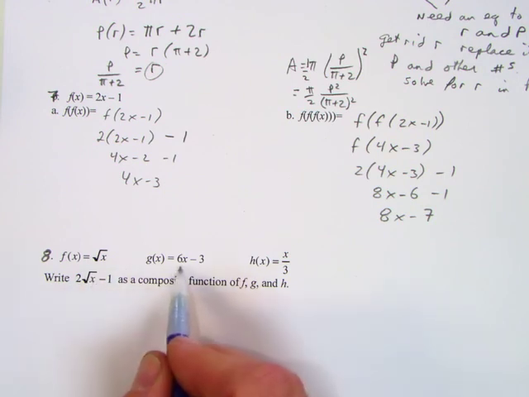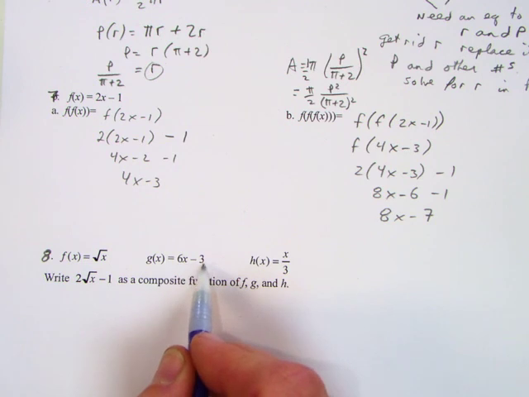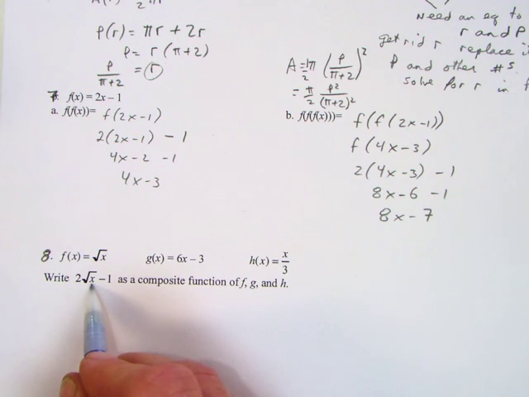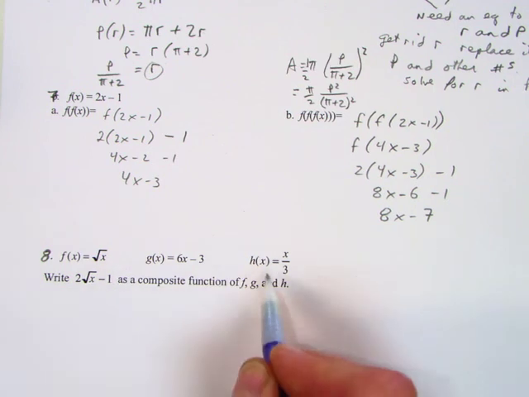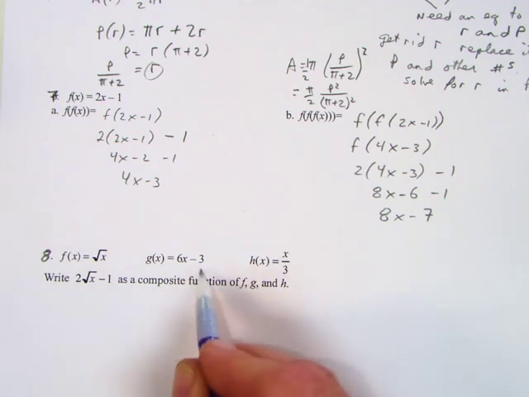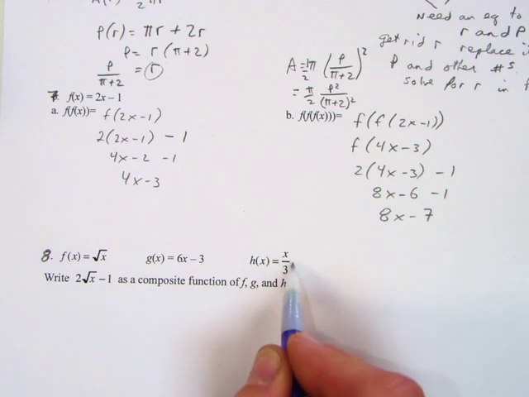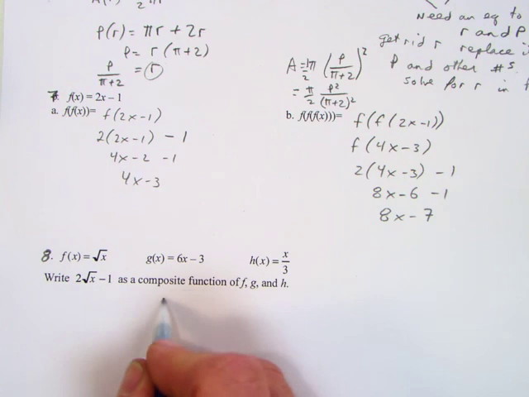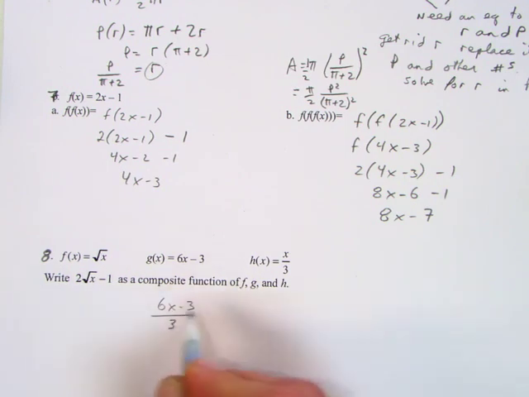Over here we have 6 times x minus 3. What could we do to that to get the 2 times something minus 1? We're going to divide each one of them by 3. Well, that's what's happening here. So if we had 6x minus 3 over 3, we would end up getting our 2x minus 1.